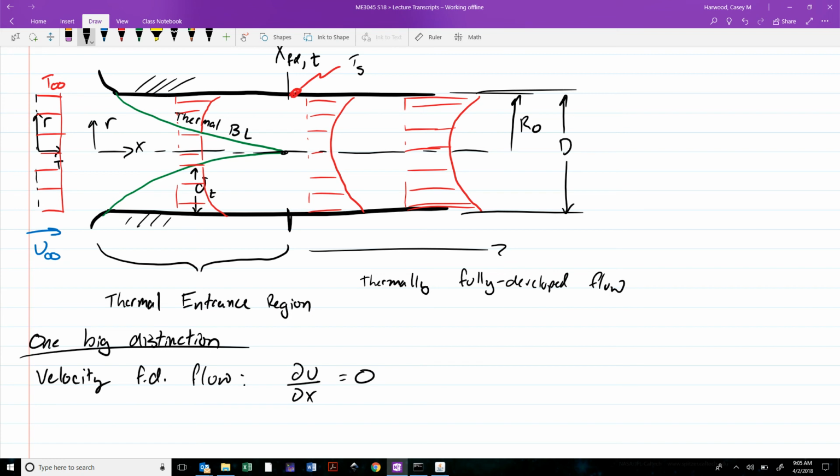The flow is no longer evolving in the x direction. But for a thermally fully developed flow, that's not the case.